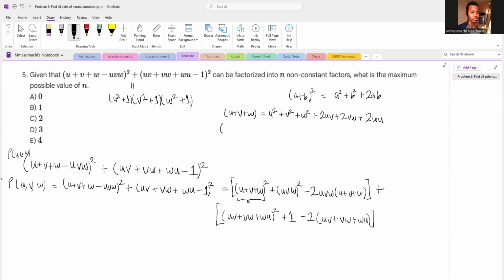Now the second one is where we also need to do this, but then we do some algebraic manipulation at the end.